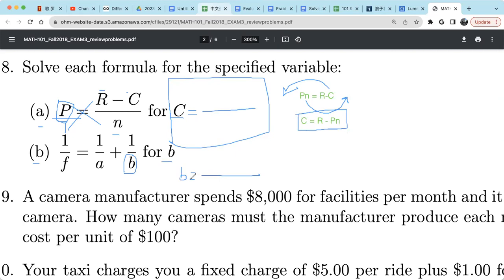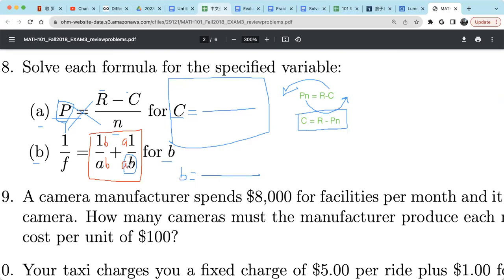If we want to use cross multiplication, I don't know why today I like to do cross multiplication. So let's do cross multiplication. I want to combine those two into one term. Obviously the common denominator is A times B. So I'm going to multiply B over B for the first term, and A over A for the second term.